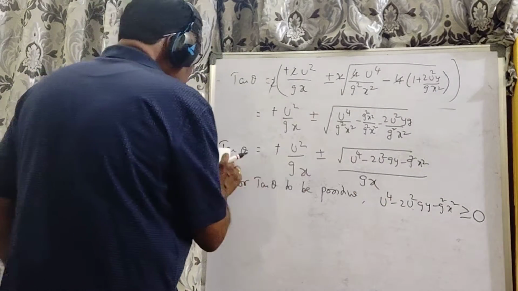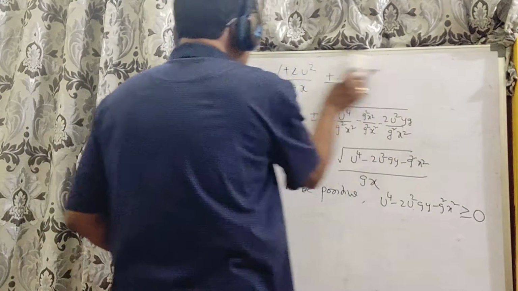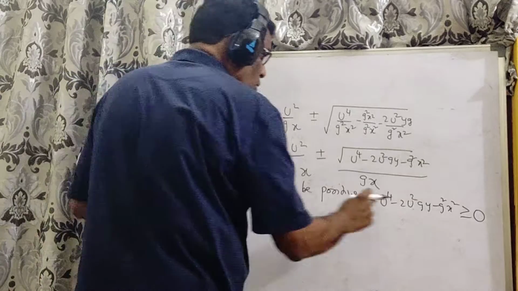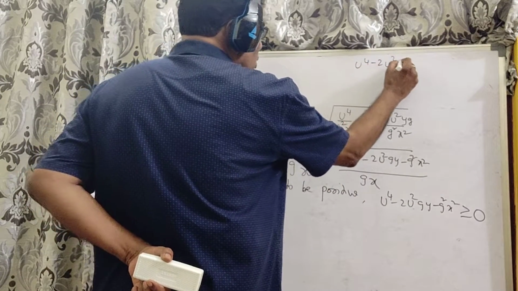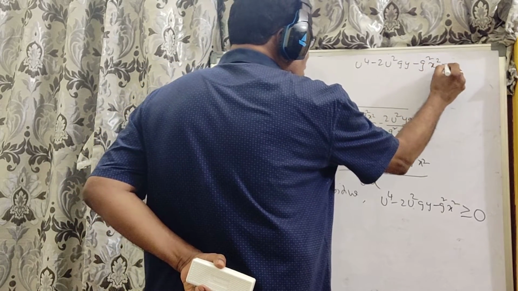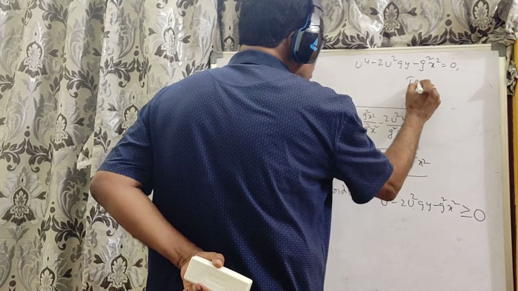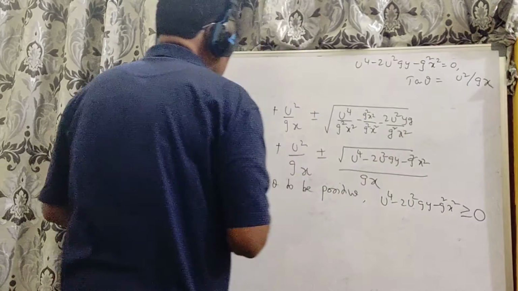Now in such a case, tan theta becomes u square by gx. So if this is equal to 0, I'll write it here: u raised to 4 minus 2u square gy minus g square x square. If it is 0, then tan theta is equal to u square by gx.